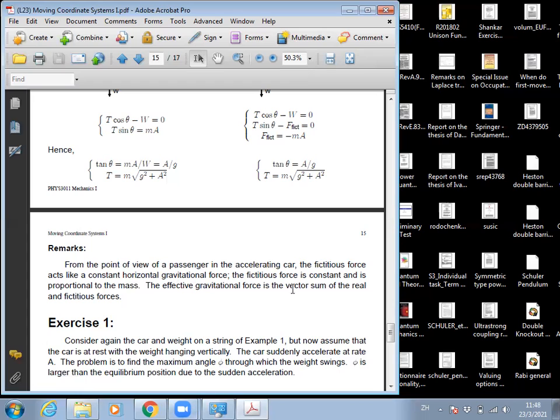One is the fictitious force. The other one is the genuine gravitational pull downwards, towards the Earth. And the net gravitational force is the vector sum of these two uniform forces.